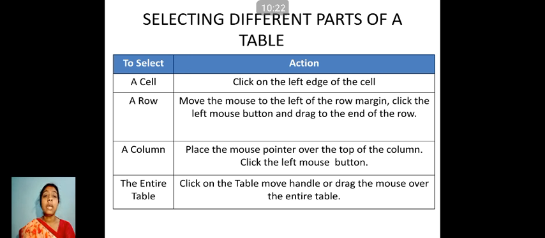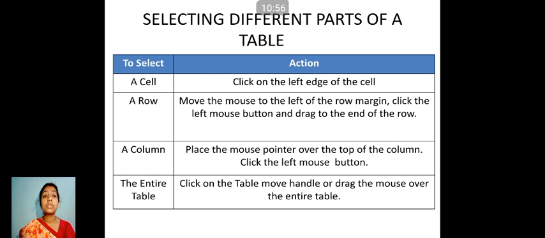But when you move it to the left edge of the cell, the pointer converts into a dark, black kind of color, and the direction of the pointer also changes. I will show you practically how it appears. Then second is how to select a row.